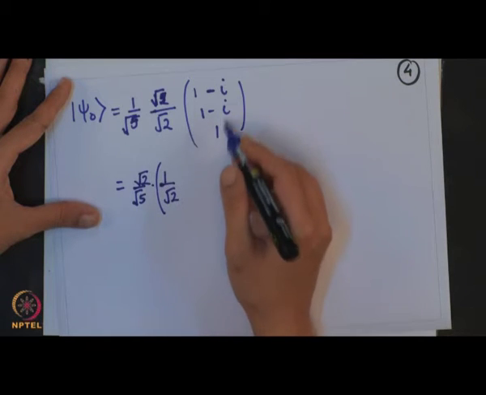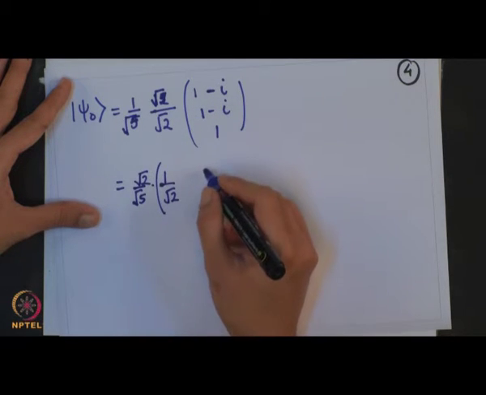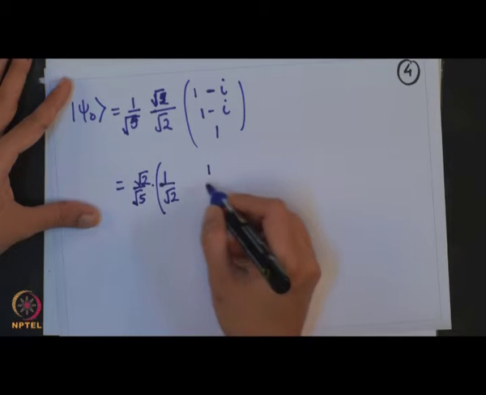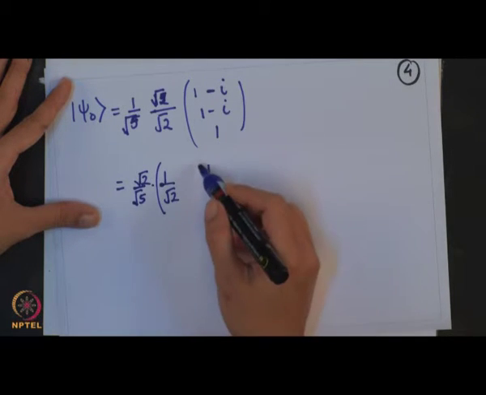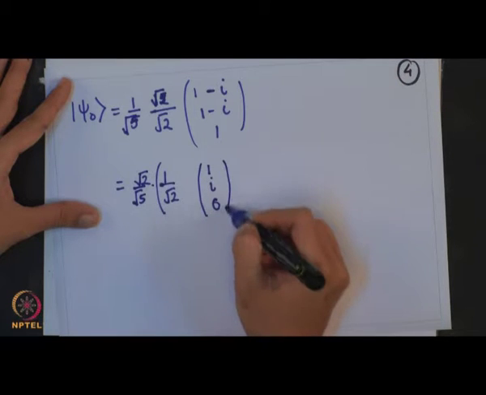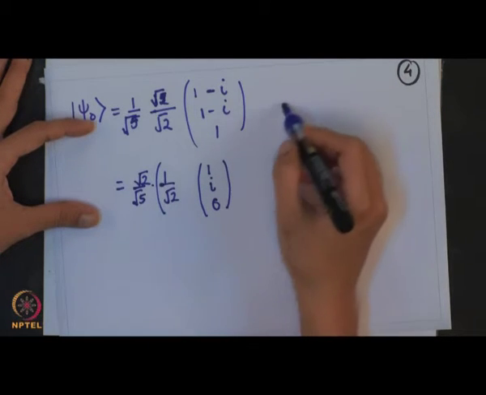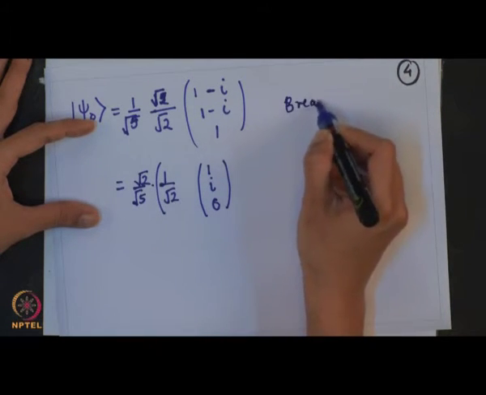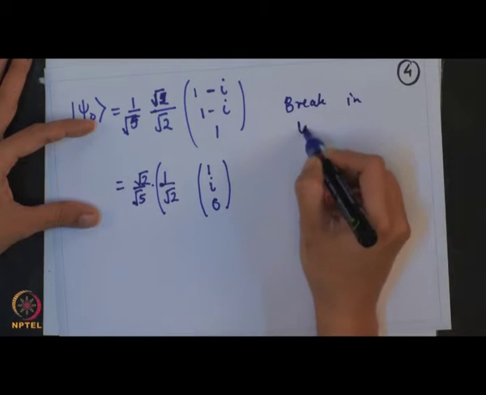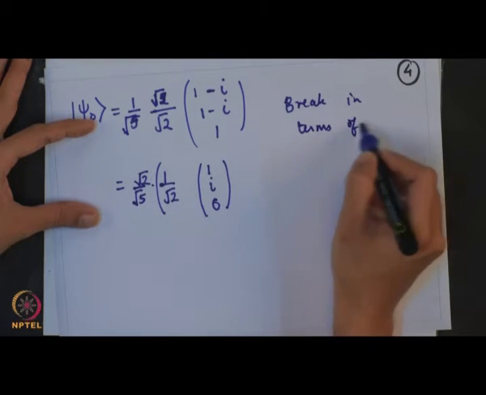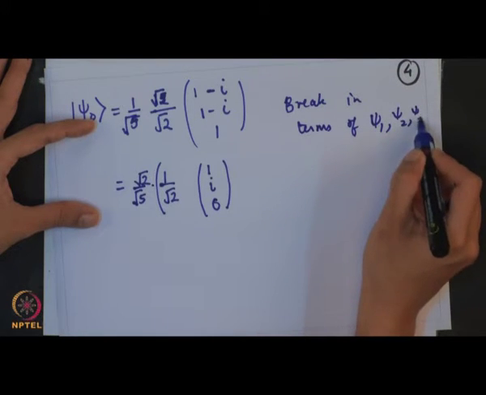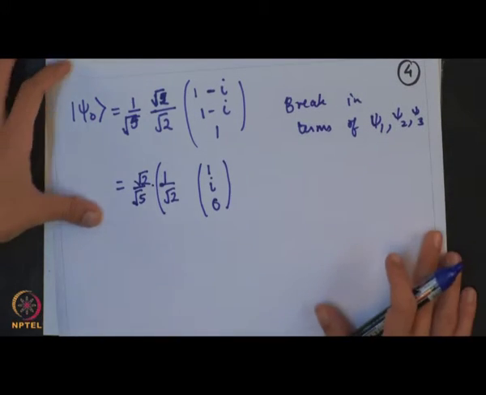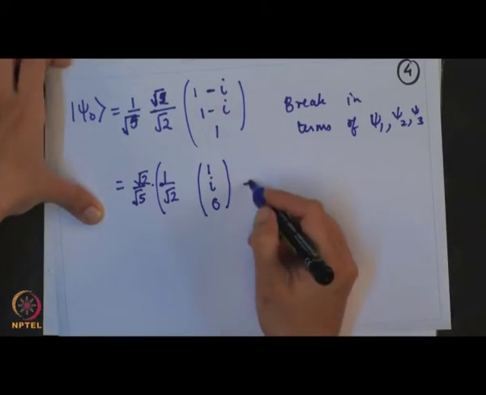Then I can write this as 1, i, 0. Okay. This is my psi 1. One way would be to break this in terms of psi 1, psi 2, psi 3. Another way would be, and see what you get.